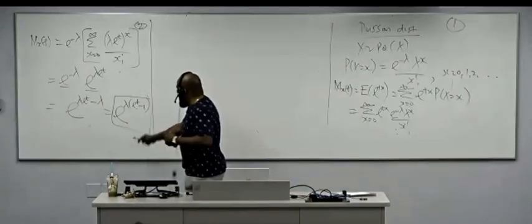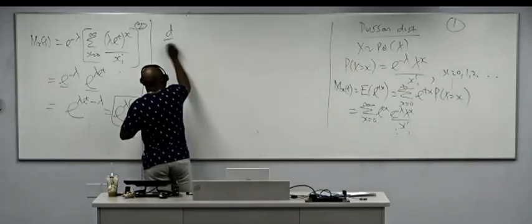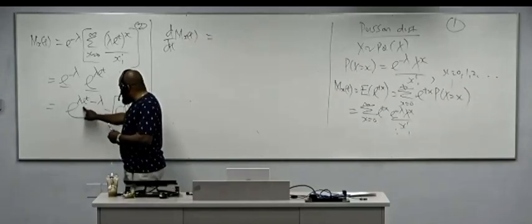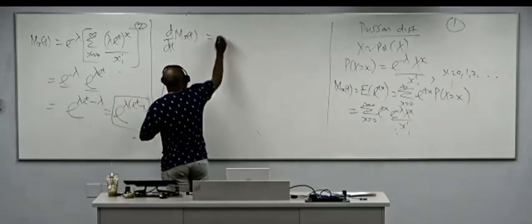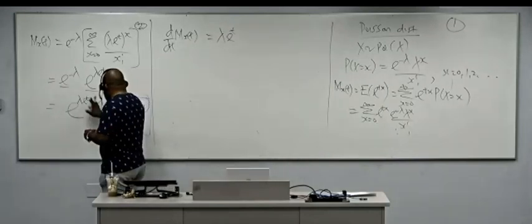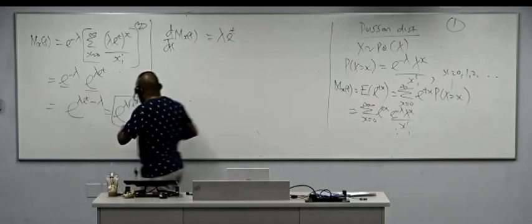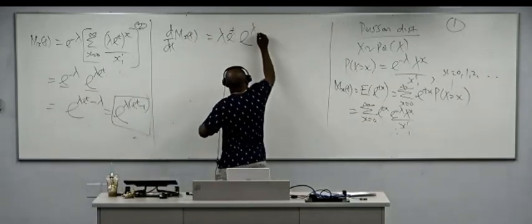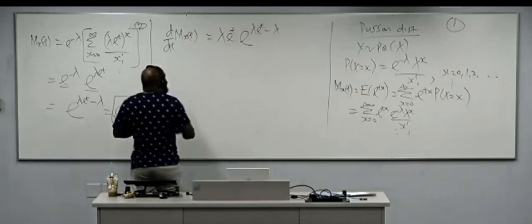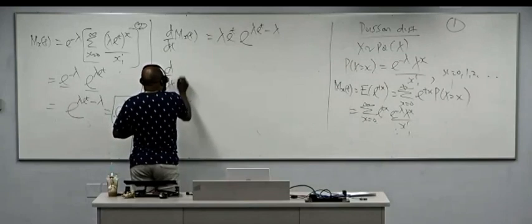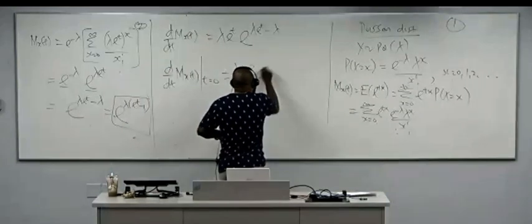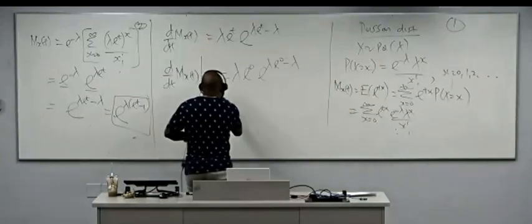So d/dt M_X(t) equals, if I differentiate this, I'm going to have lambda e raised to power t, then exponential of lambda e raised to power t minus lambda. Now, d/dt M_X(t) at t equal to 0 is going to be this, lambda.